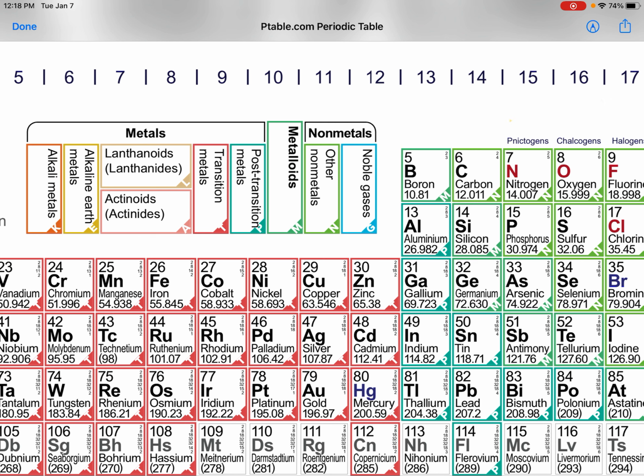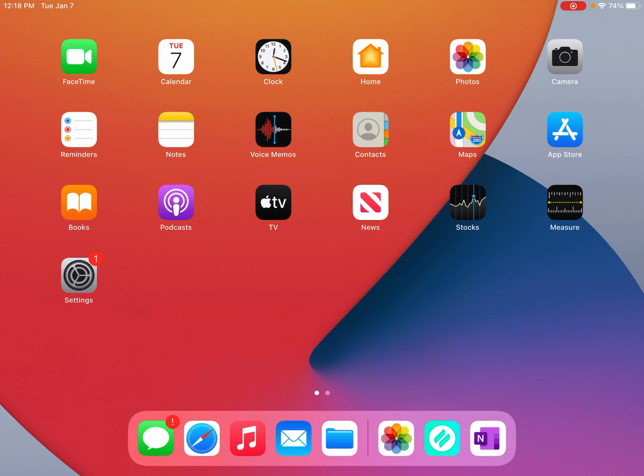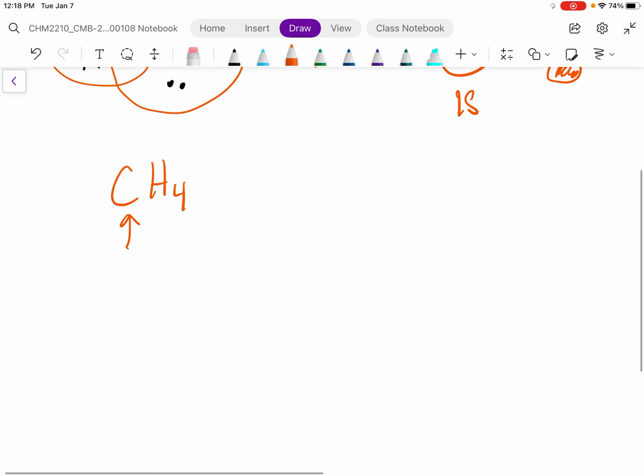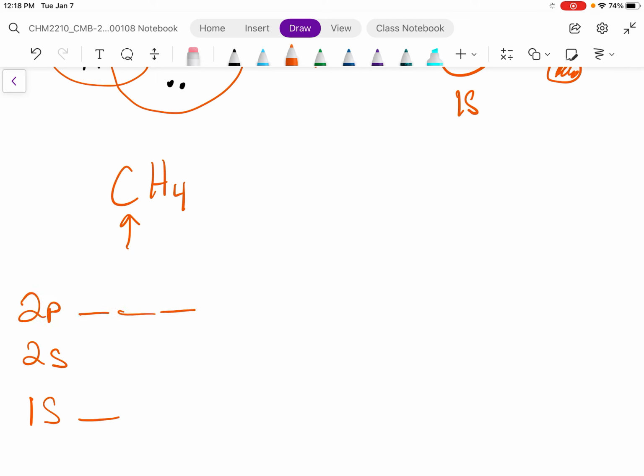If we take a look at nitrogen, how many valence electrons does nitrogen have? It has 5, and so forth. Okay? So that's how we're going to know how many valence electrons we have. So if we go and take a look at the electron configuration of carbon, can we draw that? Carbon has a 1s, a 2s, and a 2p.